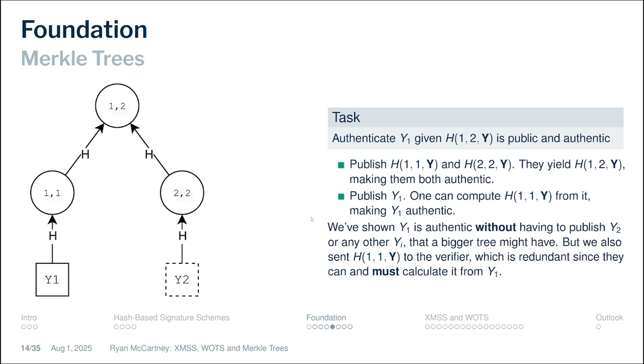And thus we only need every sibling node on this computation path, so we can build the next higher node. So in this case, all that we need to publish is y1 and this right sibling node, and everyone can compute upwards and check that this is equal.